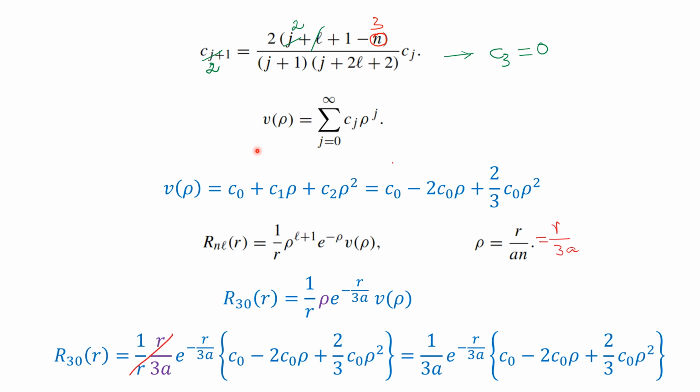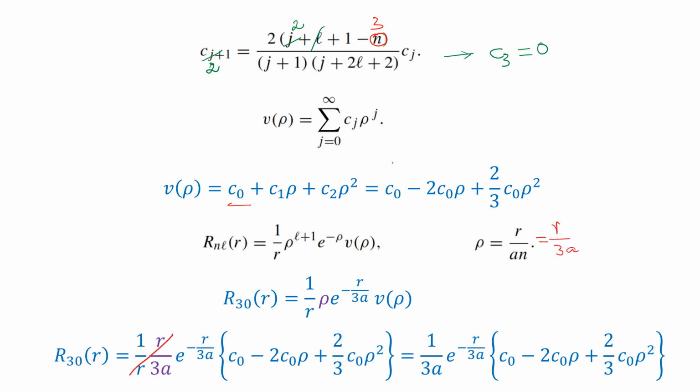Now, by definition, v of rho is equal to the summation over j equal to 0 to infinity of c_j rho to the power j. First, when j equal to 0, rho to the power 0 is 1, so I have written this simply as c naught.